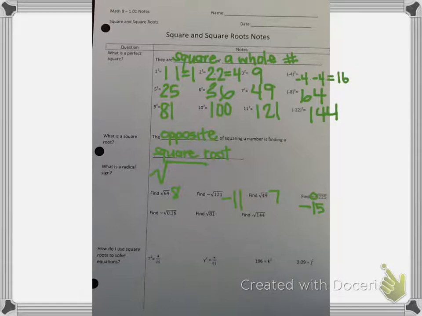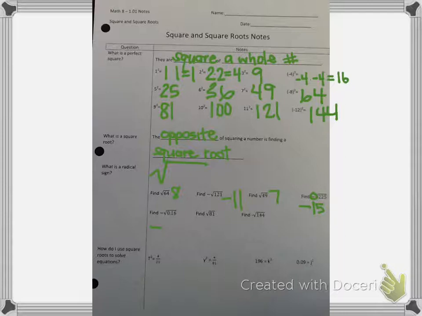Alright, moving on to the next little bit here. The negative square root of 16/100. Well, what times itself makes 16 would be 4. And since we know that, our answer will be negative.